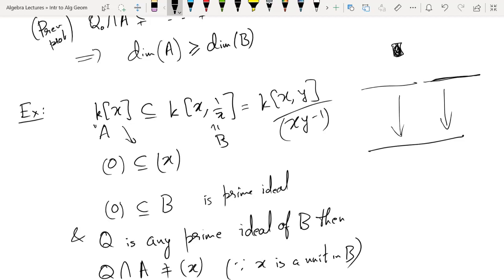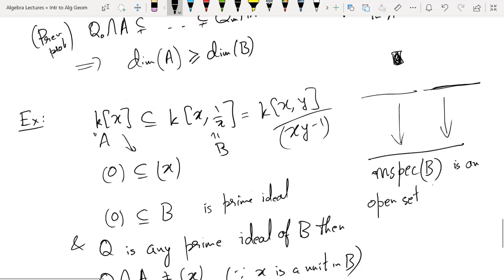So it's sort of an inclusion. At the variety level, you can think of it as m-spec of B is an open set of m-spec of A, whose complement is the origin.